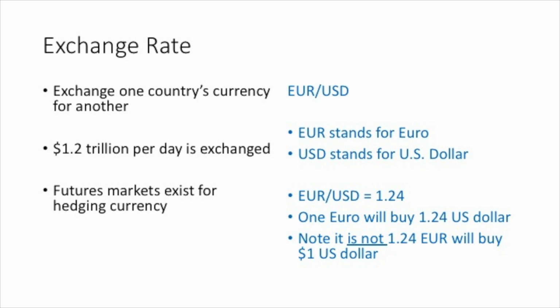Note that it isn't 1.24 euro will buy 1 US dollar. The euro slash USD is equal to 1.24. That means that 1 euro will be $1.24. That may be a bit confusing because if you look at the division side, you would think 1.24 divided by 1 gives you 1.24. It doesn't work that way in exchange rates.